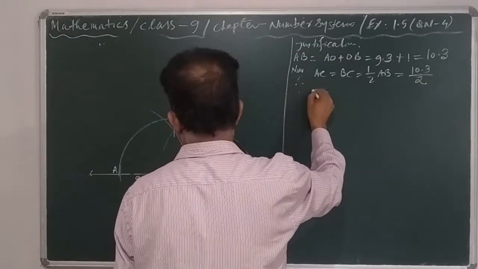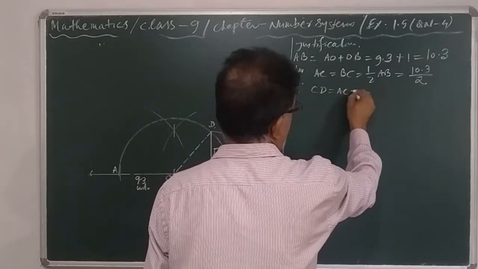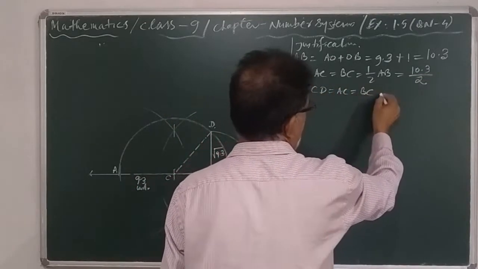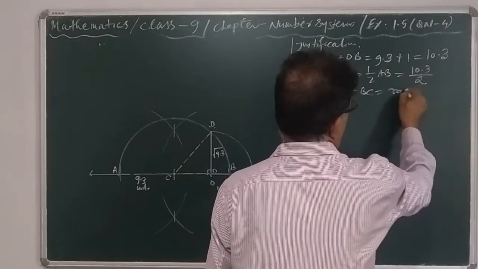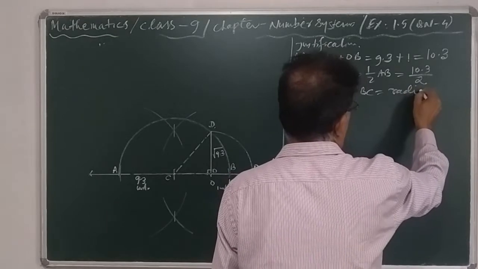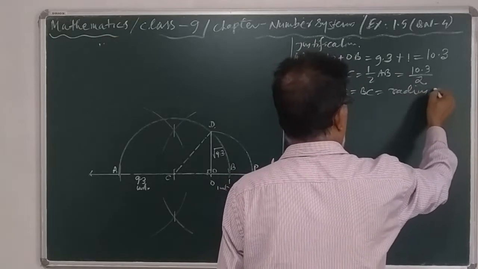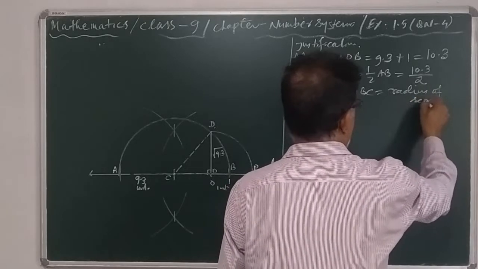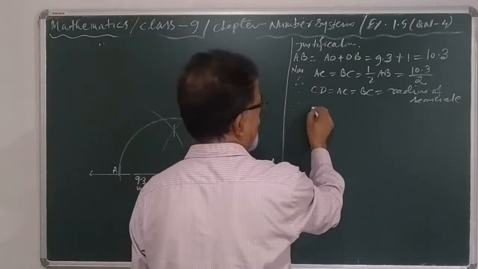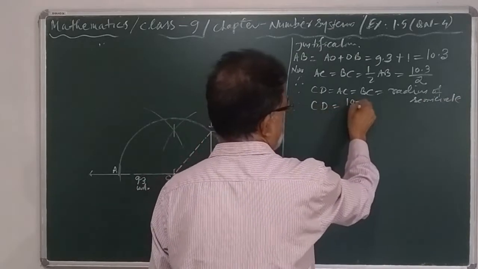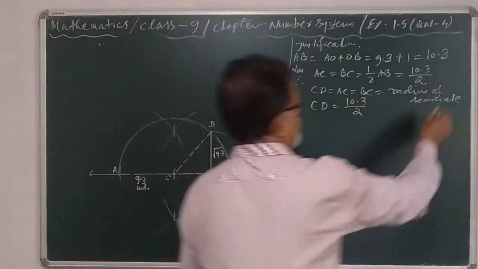Since CD equal to AC equal to BC equal to the radius of the semicircle, therefore we can write here CD equal to 10.3 by 2 units.